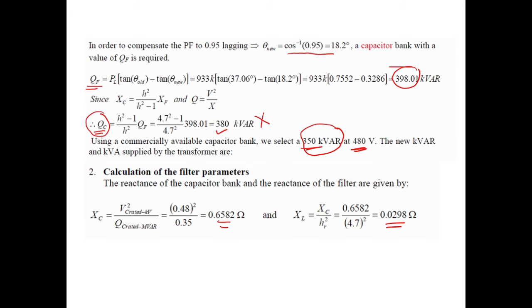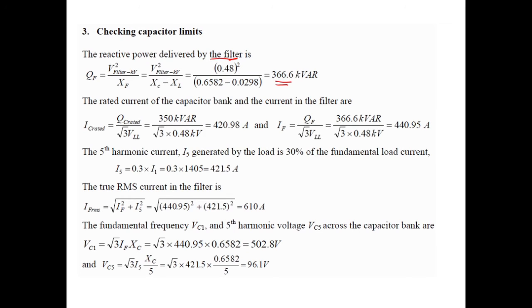So then we have to reflect the chosen one on the overall filter size. Okay, so that's why we recalculate the filter size or the reactive power that will be delivered by the whole filter. Okay, and we find it to be 366.6 kilovolt ampere reactive.